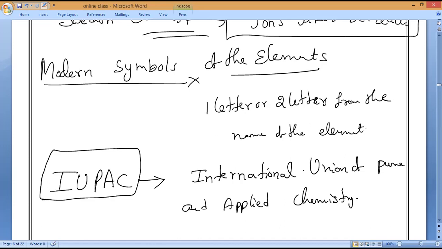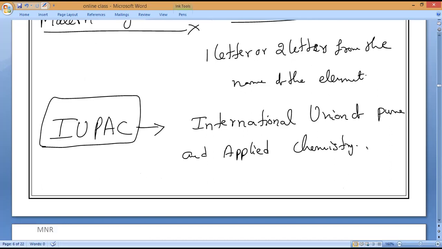After discovering anything, we have to submit it to this organization. This organization will correlate with everything that already exists, including the symbols, so that they are not confusing. Different elements should not get the same symbol.